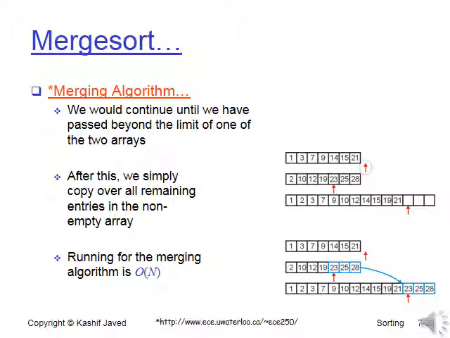Once the upper sorted array is merged completely into the combined sorted array, the lower sorted array has a partial leftover with numbers 23, 25, and 28 that still need to be merged. Thus, we simply take those numbers and put them into the combined sorted array, keeping the same sequence. The running time for the merging algorithm is order n.